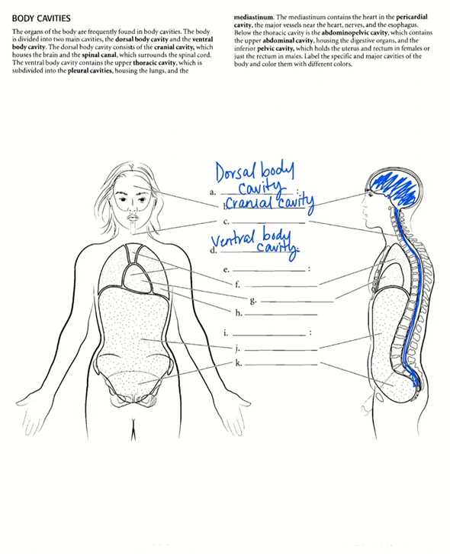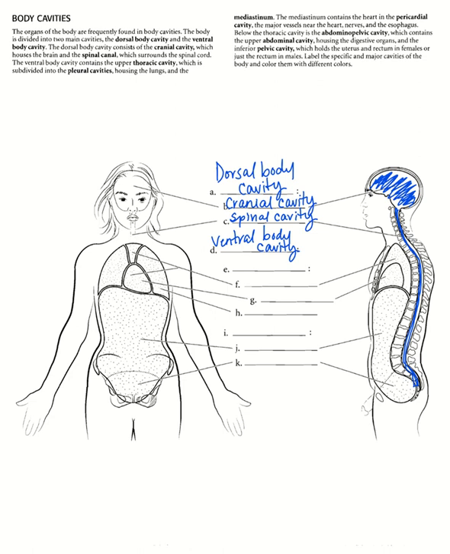And again, it's called cranial because it's made by the skull. And then the cavity which fits your spinal cord is the spinal cavity. And those are the two cavities that make up the dorsal body cavity.